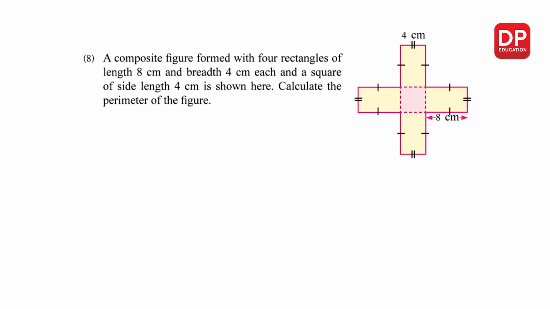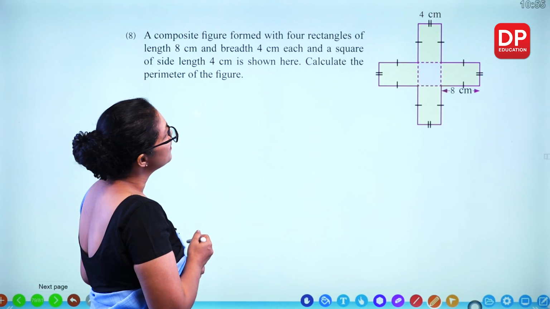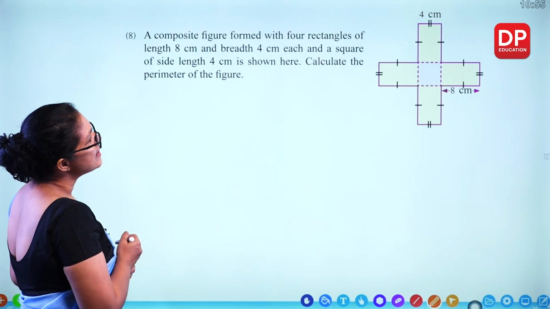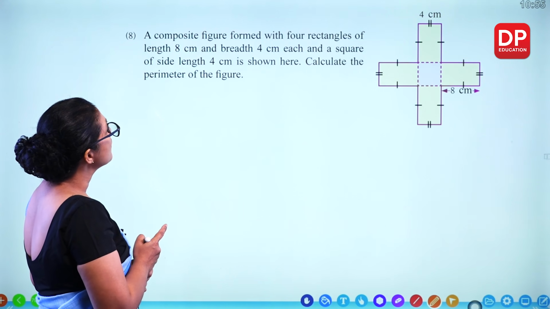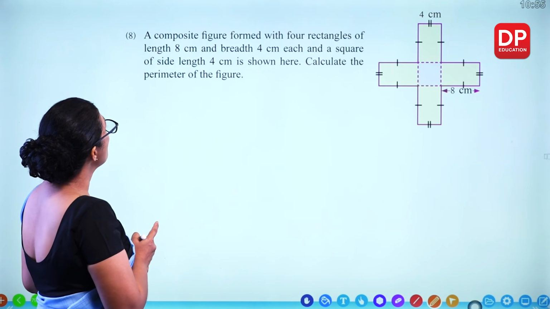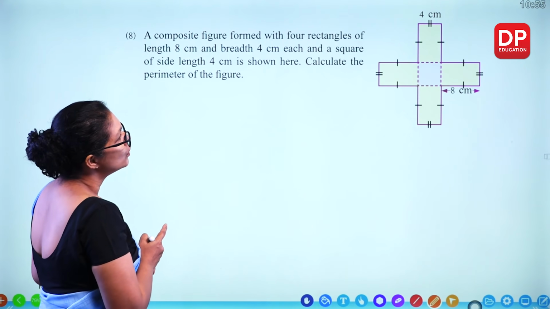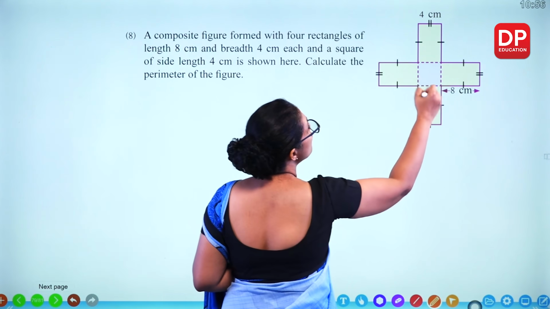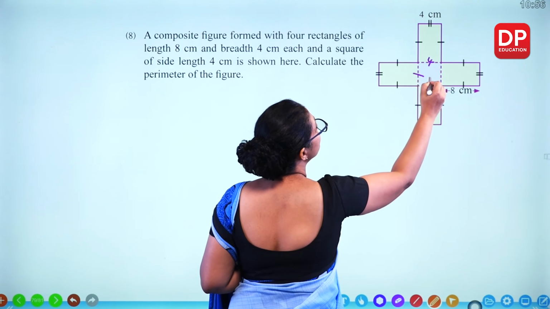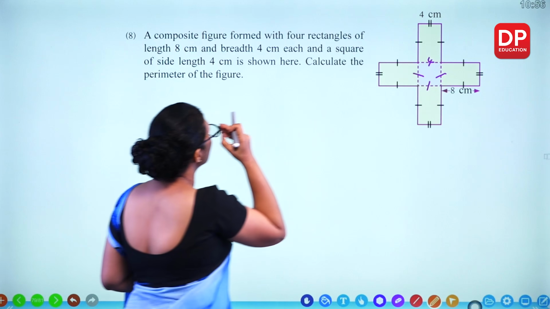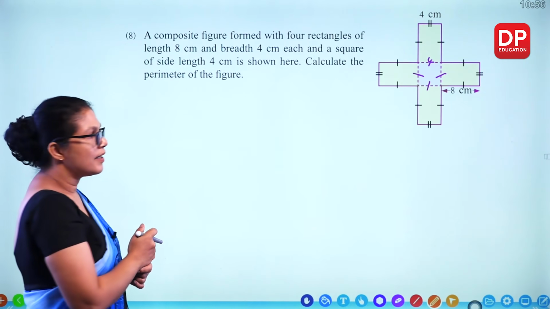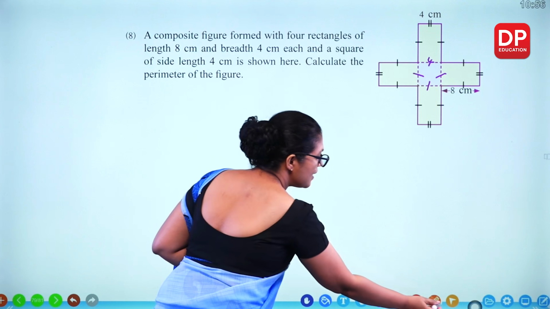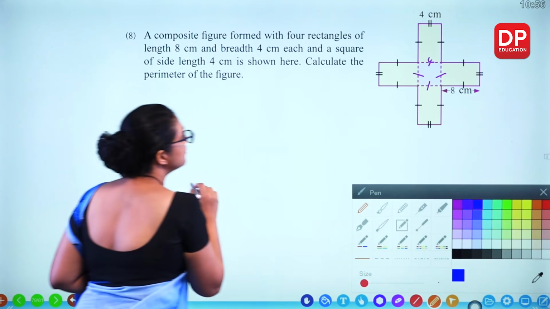Question number 8. A composite figure formed with 4 rectangles of length 8 and breadth 4 centimeters each and a square of side length 4. This one is shown here. Calculate the perimeter of the figure. So perimeter is only the outer length.